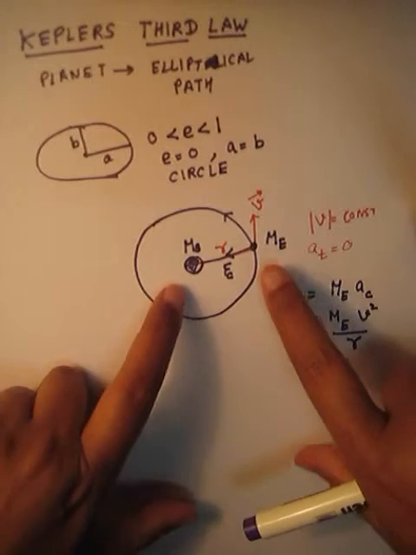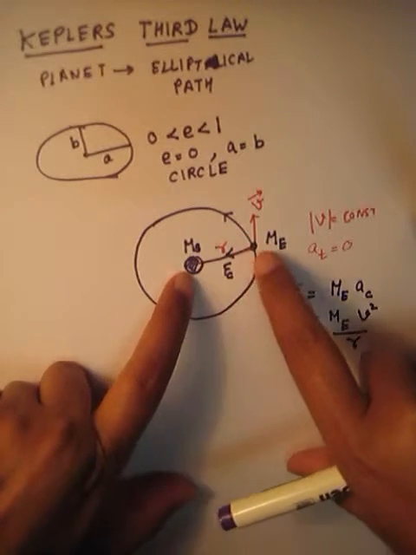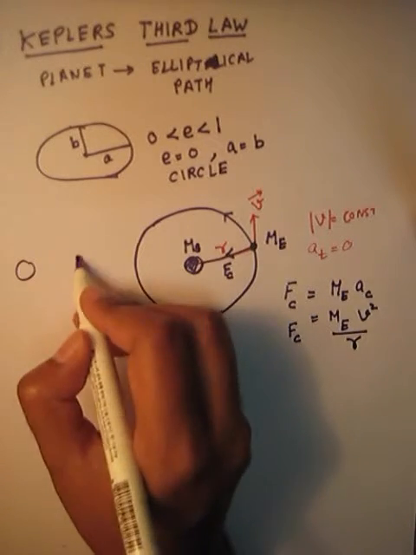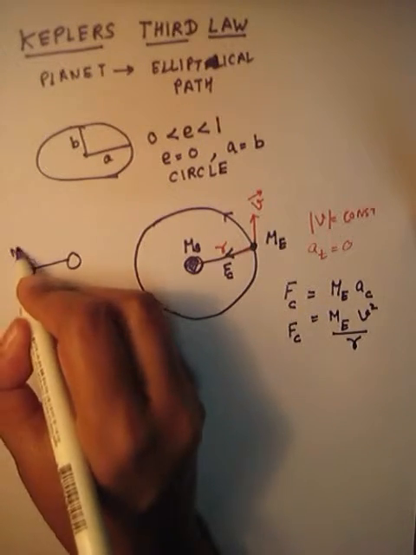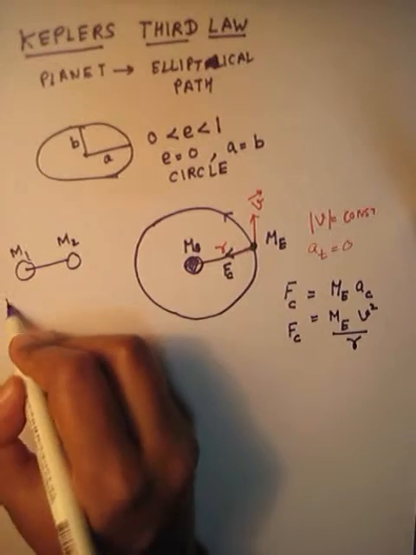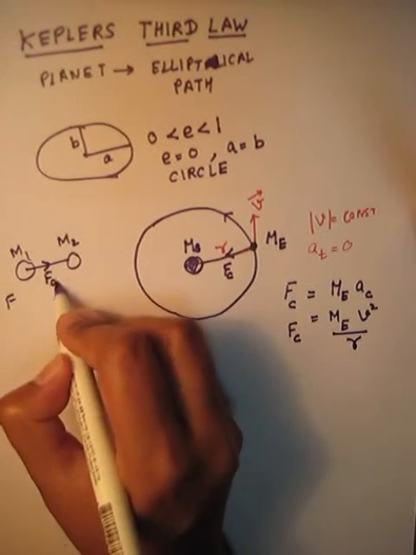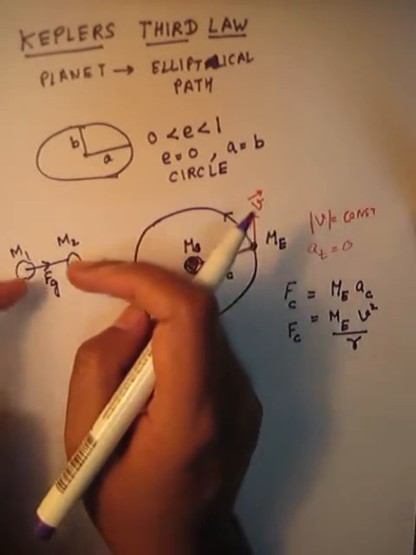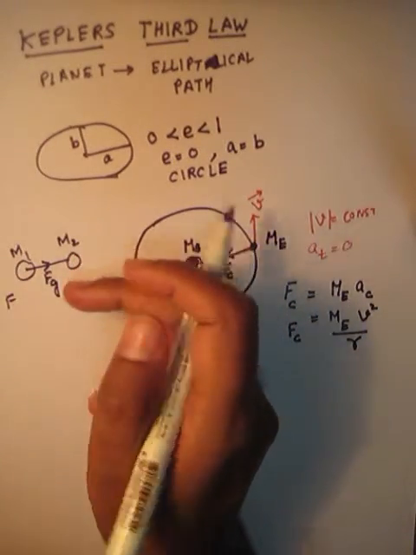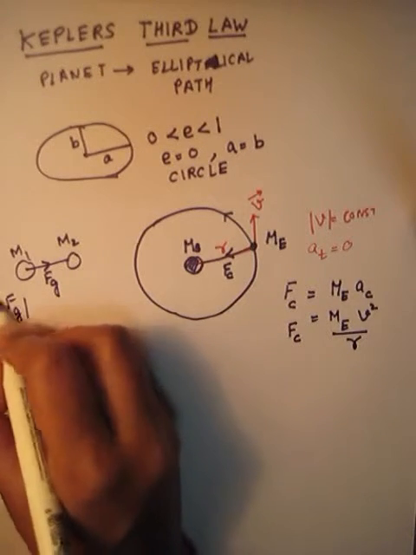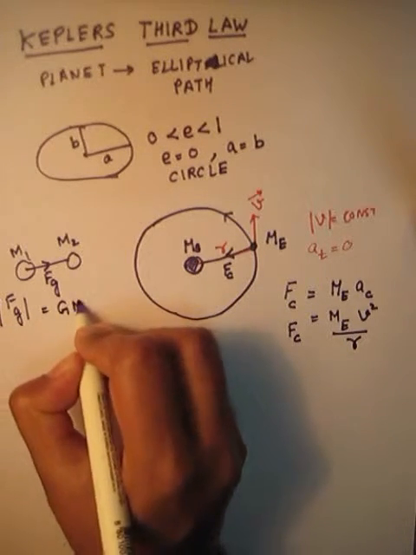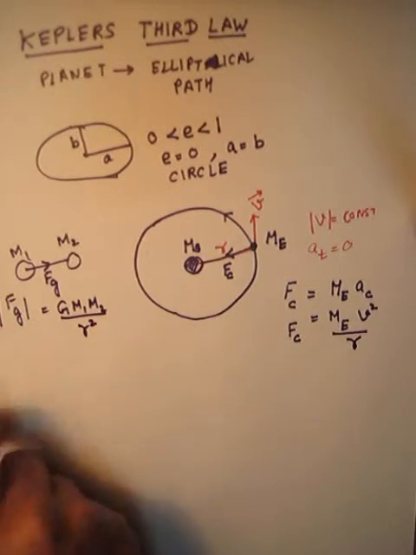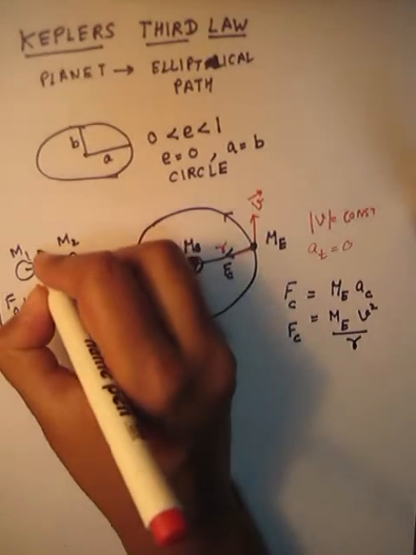Now because this problem contains two masses, if you remember, if they are m1 and m2, then the force of attraction between them, Fg, is equal and opposite, and both masses apply the same amount of force towards each other. So the Fg magnitude will be capital G m1 m2 upon r square, if r is the distance between them.